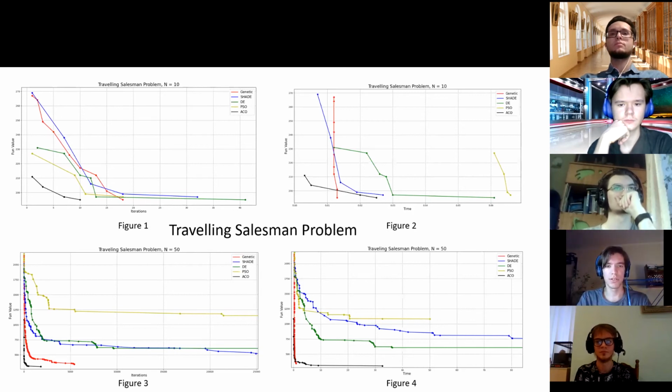You can see that for this problem, the ant colony algorithm is the best decision, and all algorithms find quite a good solution when the dimension is low, for example, 10.